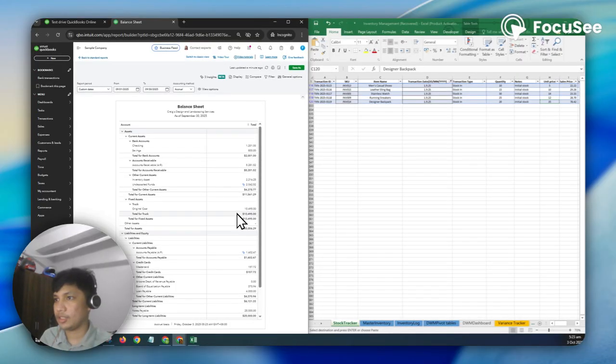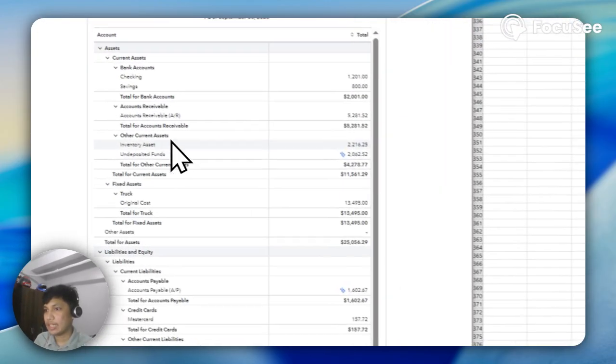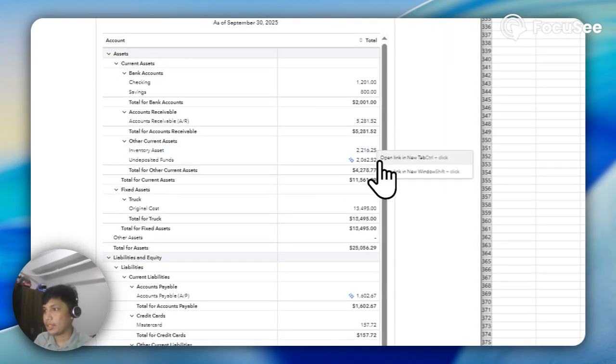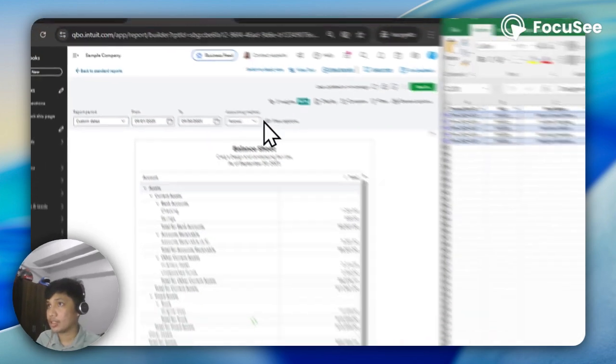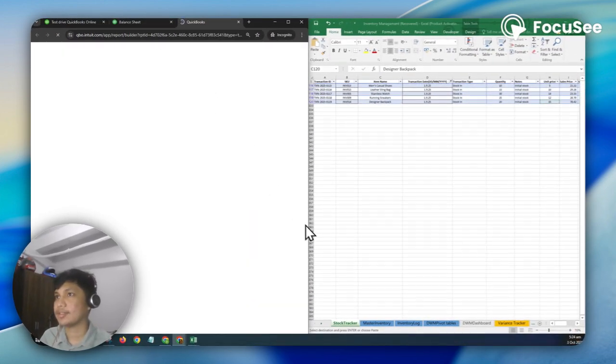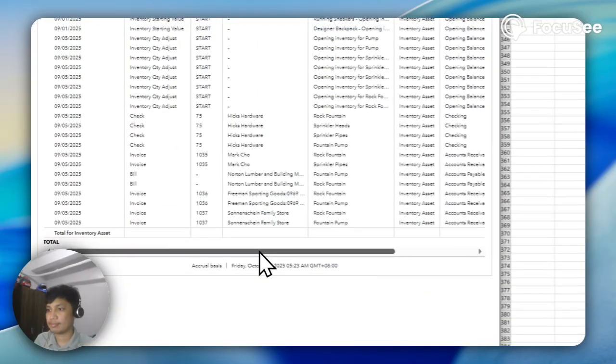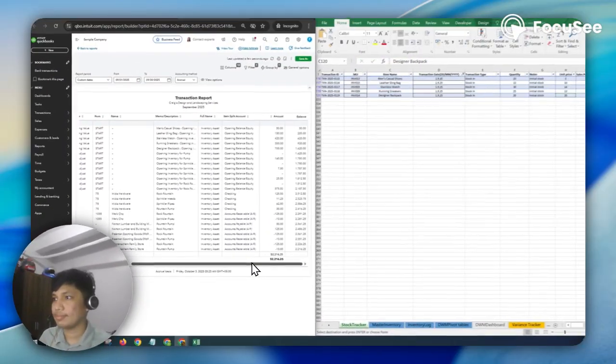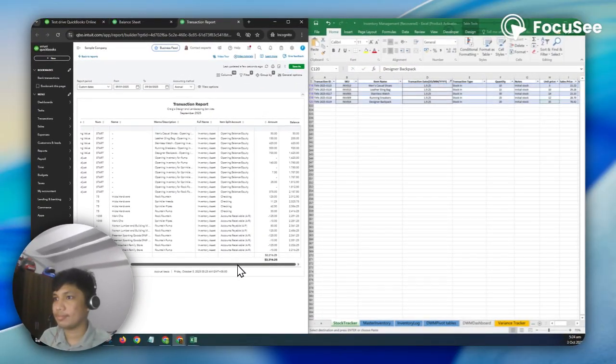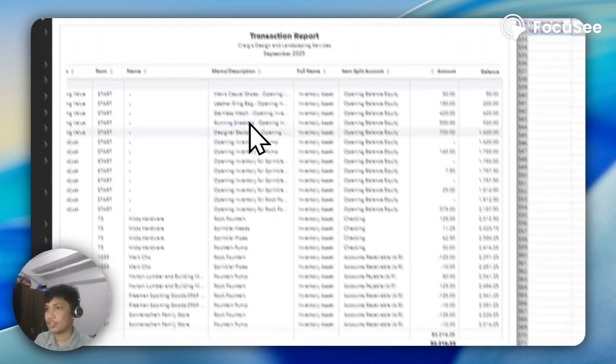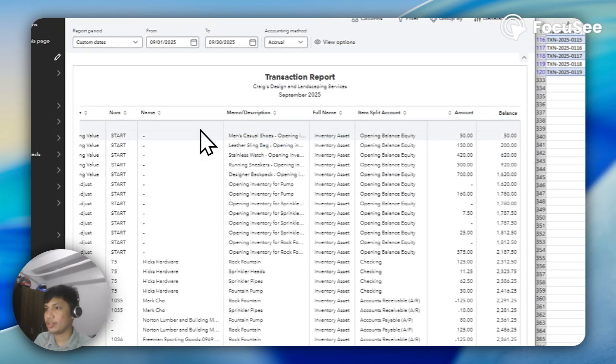Let's look at the effect on inventory assets. These are those five.